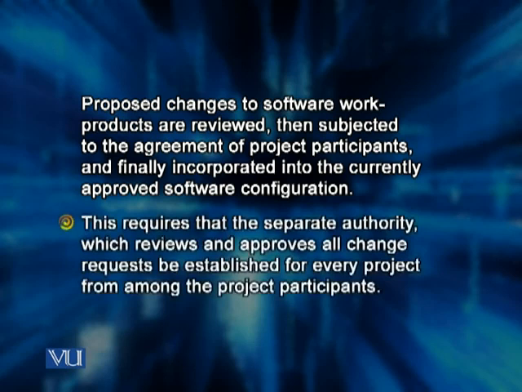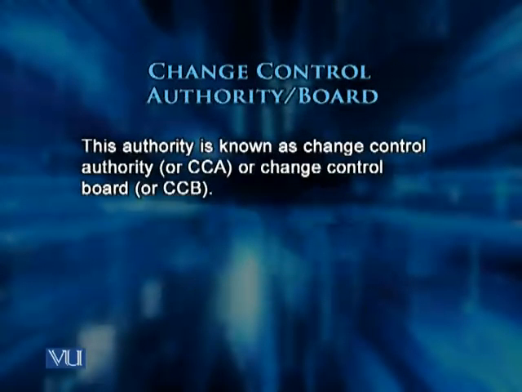No. This requires that a separate authority or a committee or a board which reviews and approves all the change requests be established for every project from within the project participants. And so we have representation from different groups taking part in the project. This authority is known as Change Control Authority or Change Control Board.